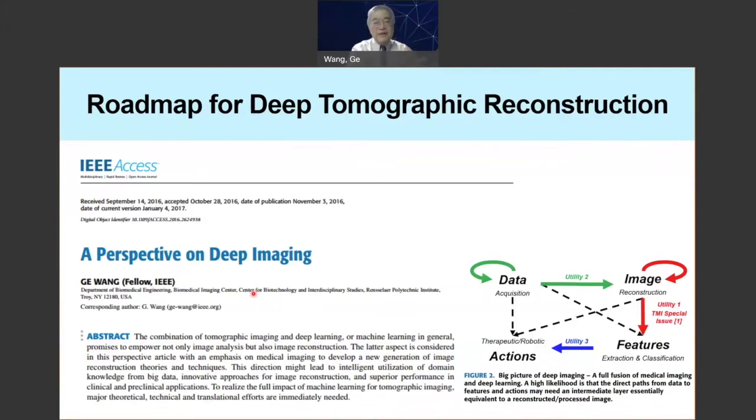You have images as your starting point, then you produce features like classification, segmentation, and tomographic imaging is a kind of inverse process. You first get a lot of tomographic measurements, then a tomographic algorithm is used to produce images. So computer vision is from images to features, and tomographic imaging is from tomographic data, like line integrals, Fourier components, to images.